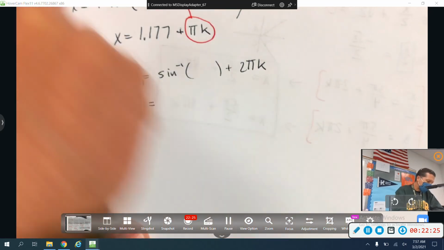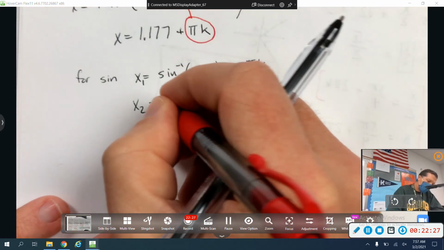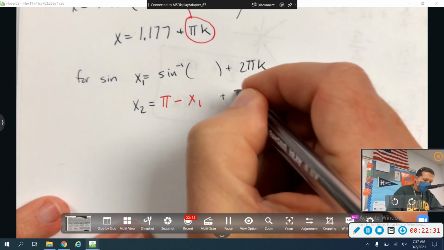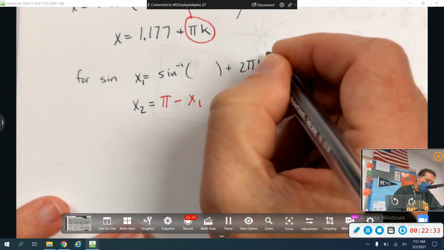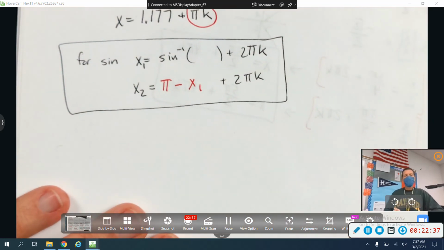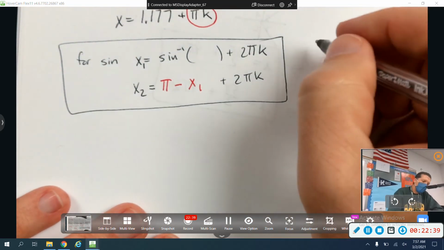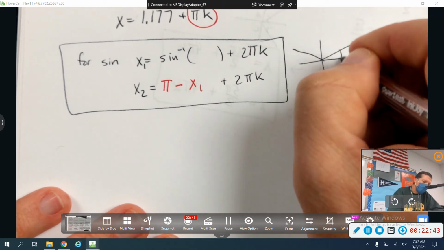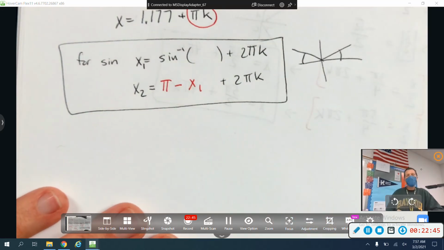The second answer is pi minus x1 plus 2 pi k. Again, the picture can help you think through where that comes from.